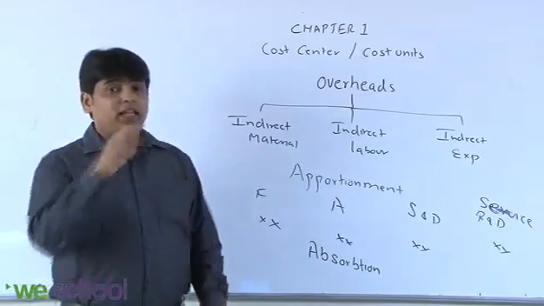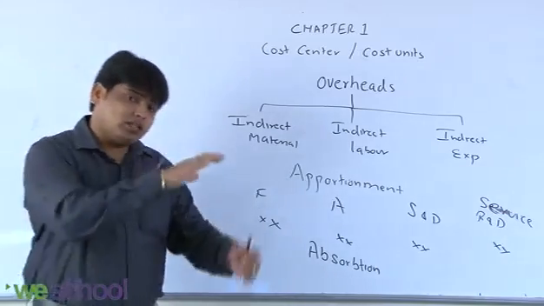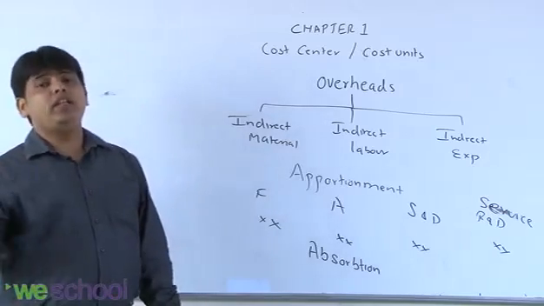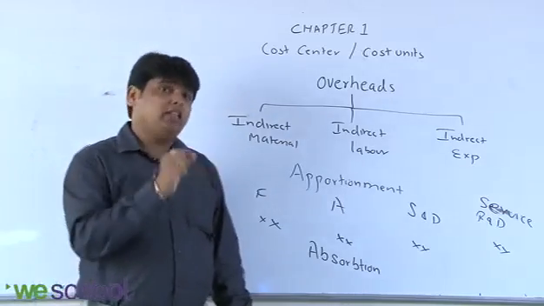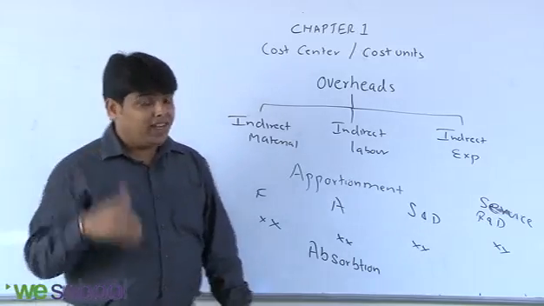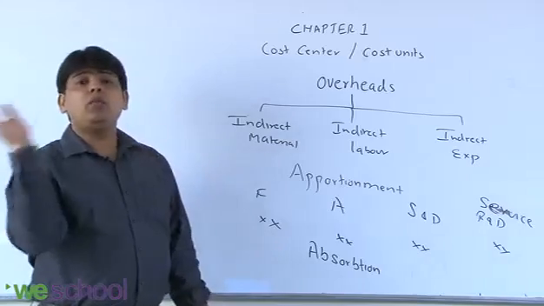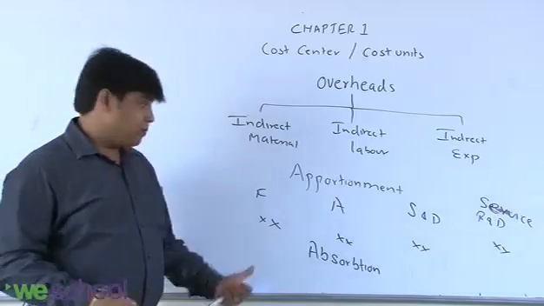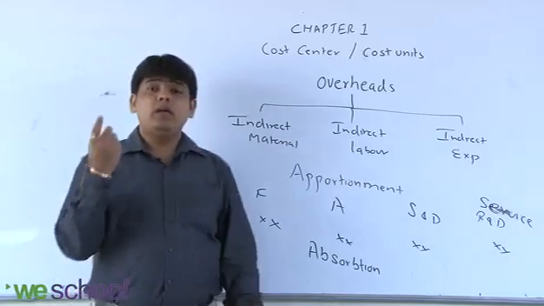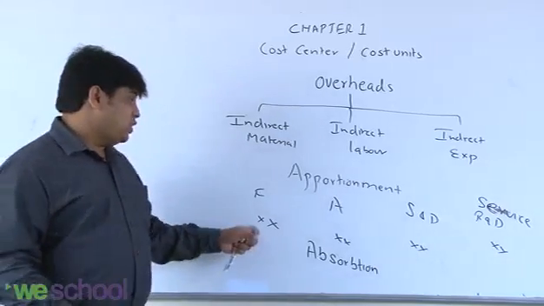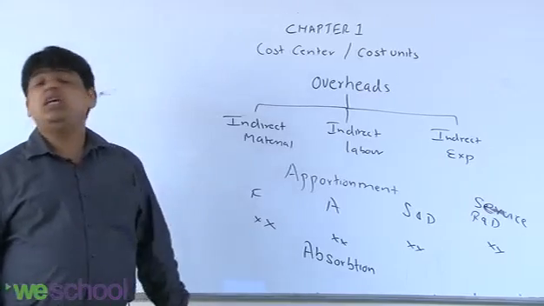The production units are the same for all the products, whether it is Maaza, Coke, Fanta or Sprite, measured in liters, right? So in that case, I can distribute this factory expense in terms of the total number of liters produced. But if the products have different measures, then distribution on the basis of production is not possible.